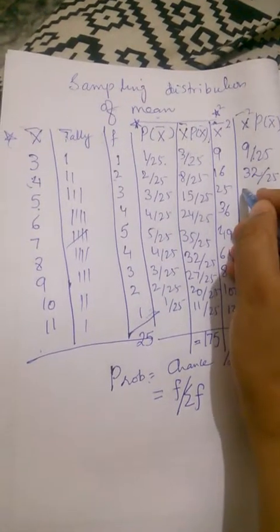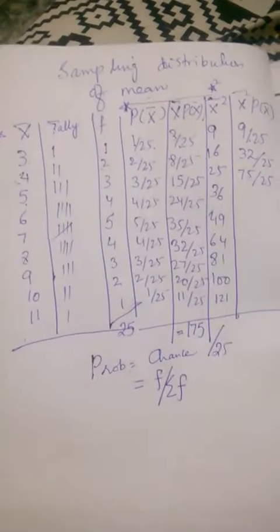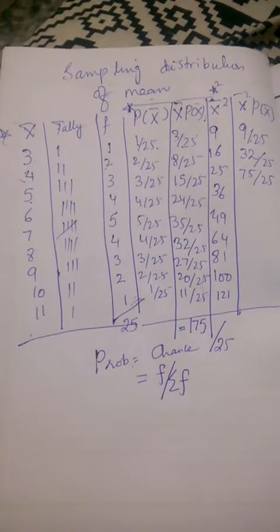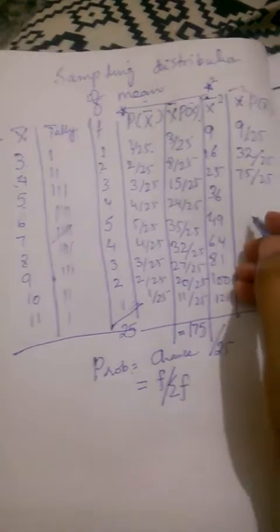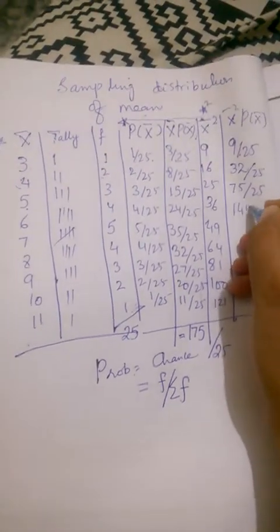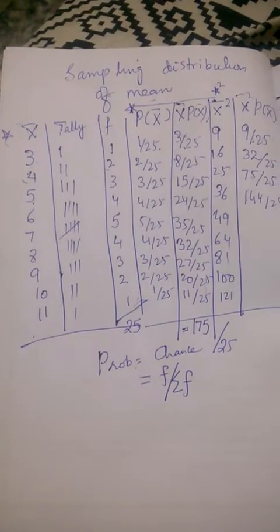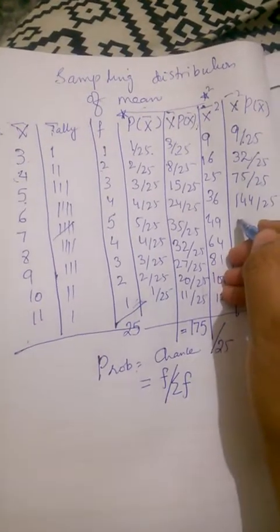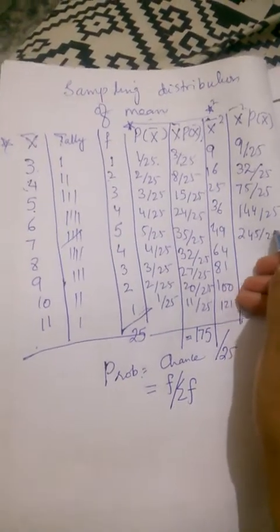3 into 25, 75, then 4 into 36, 144, then 49 into 5. I'm multiplying every value of x bar square with p of x. 245 by 25.